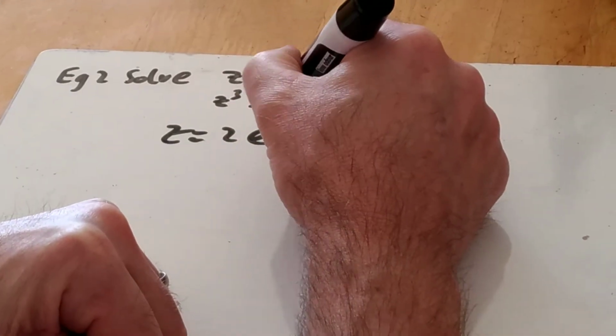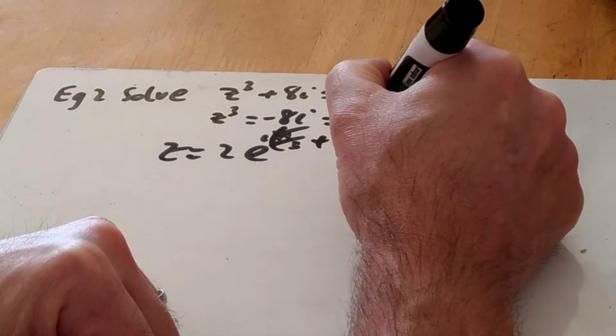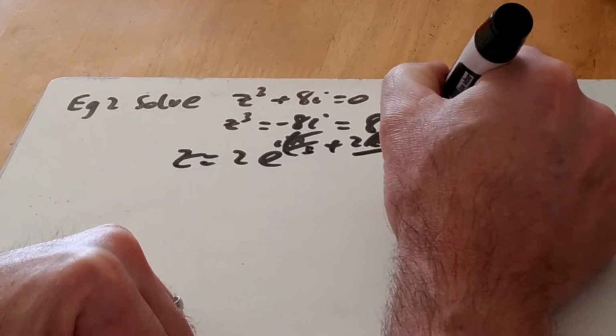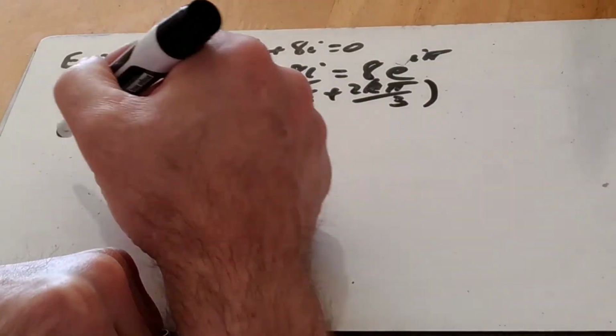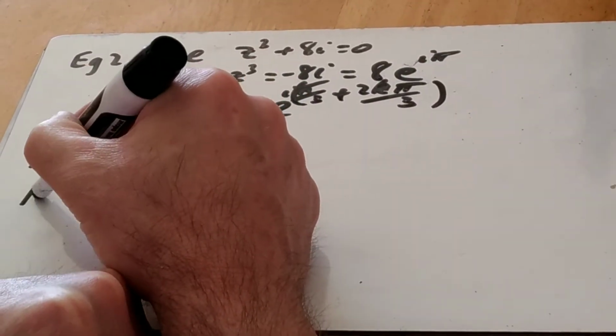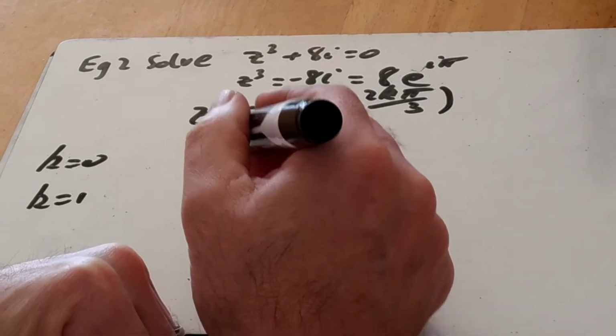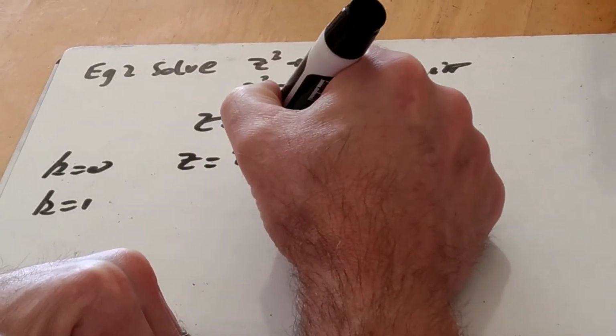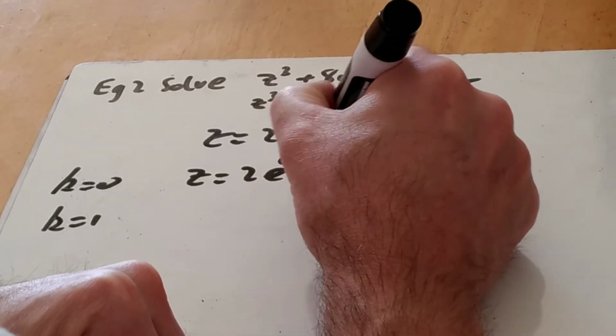e to the minus i pi over 6 plus 2k pi over 3. And as before, I'm going to get 3 answers now. K equals 0, k equals 1, and something else, probably. So k equals 0 gives me z equals 2 e to the minus i pi over 6.